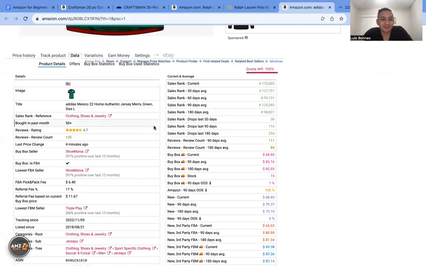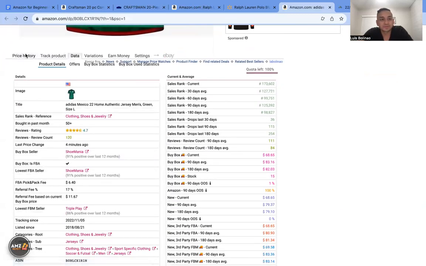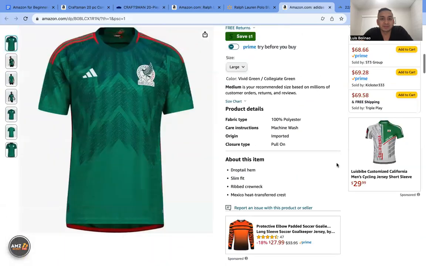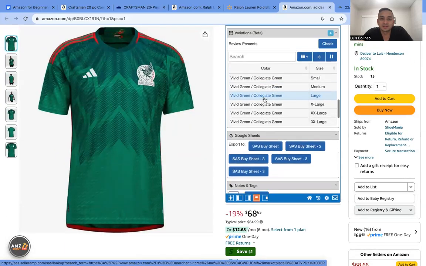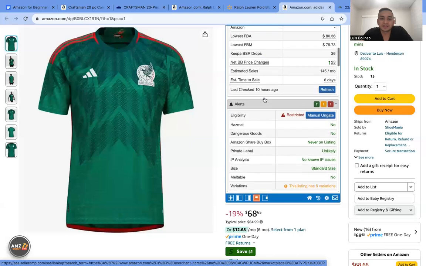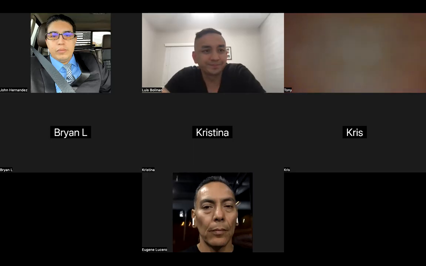But to keep it simple, the main difference between Seller Amp and Keepa is that Seller Amp gives you a lot of numbers, and Keepa gives you a graph, so you can see numbers through a graph. So did that help?